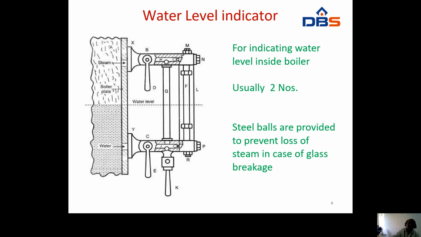To observe the water level, generally we use this glass type equipment. One side there will be water, the other side there will be steam, so in the indicator we can see the level of the water. This is also one kind of equipment for safety of the boiler.